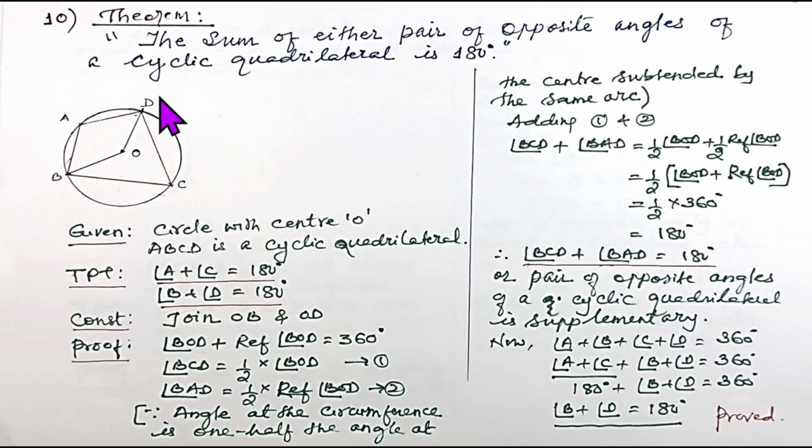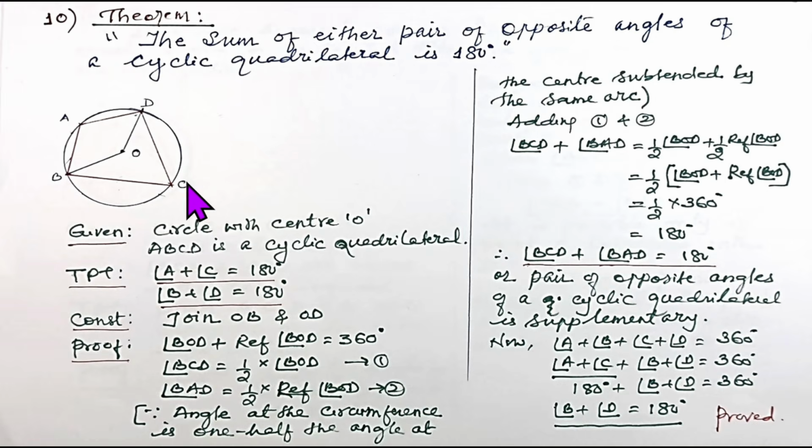Join OB and OD. Now the proof: this is angle BOD here, and the reflex angle BOD. Both the angles here, angle BOD and reflex angle BOD, as we know, sum to 360 degrees because the angle at a point is 360 degrees. So angle BOD plus reflex angle BOD is equal to 360, and let us understand that.